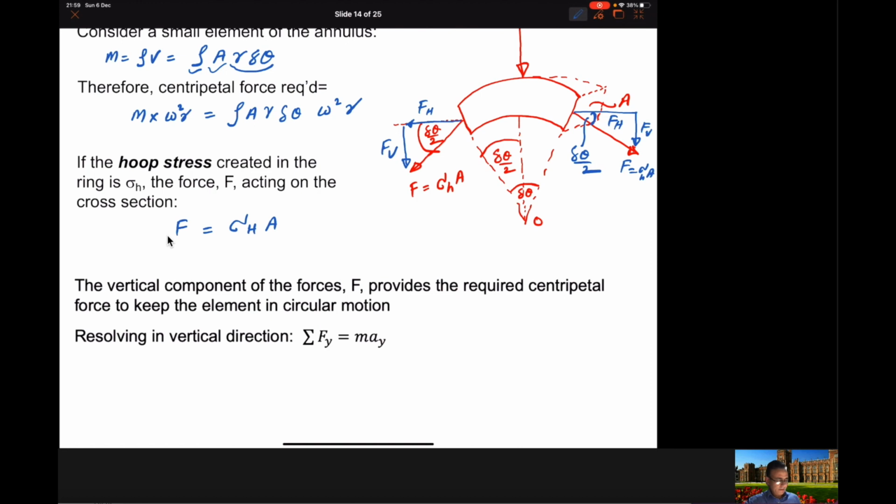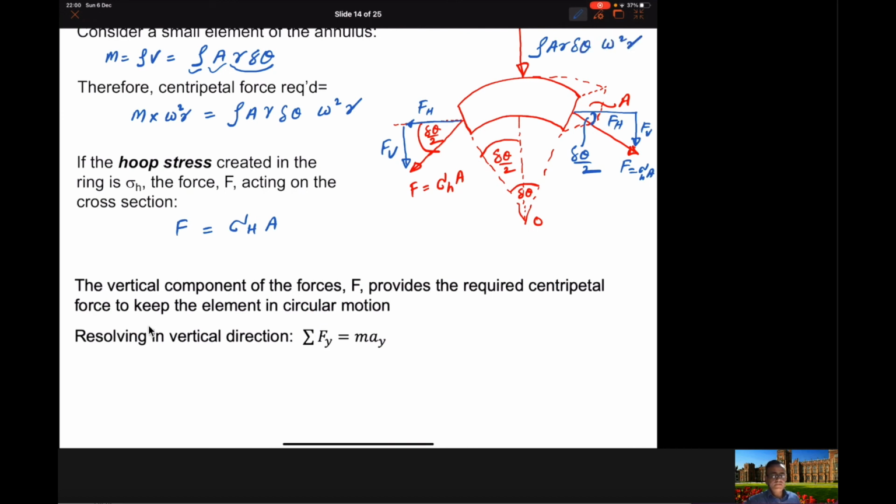Now we can apply the equilibrium equations to this figure. This force here is the centripetal force, which is density times A, so you can write it like this: rho A r delta theta into omega square r.